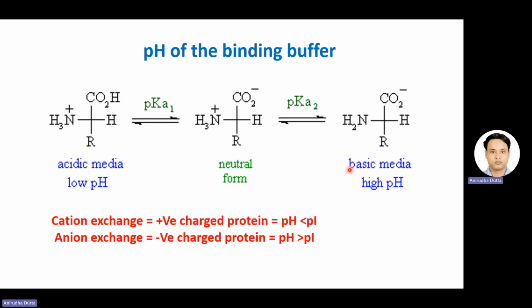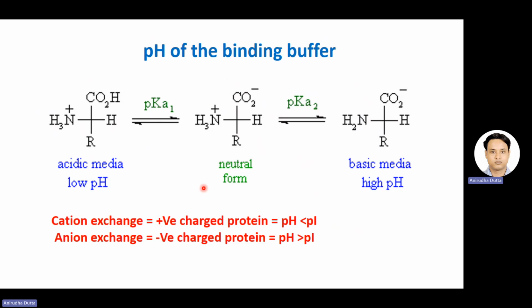If we are planning for anion exchange chromatography, then our protein should be net negatively charged. So the buffer of our choice would have a pH higher than the pI of the protein, so that only then the protein would have a net negative charge.